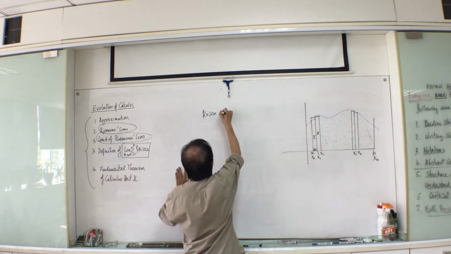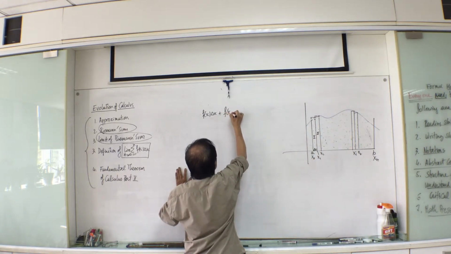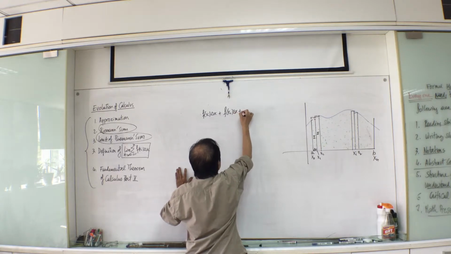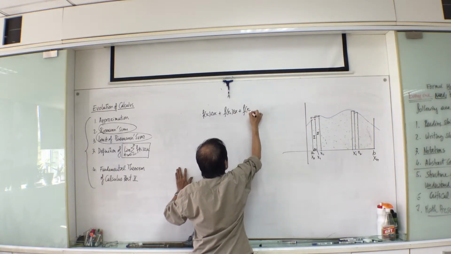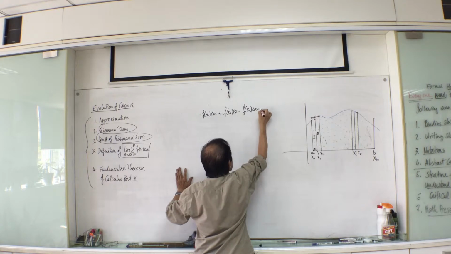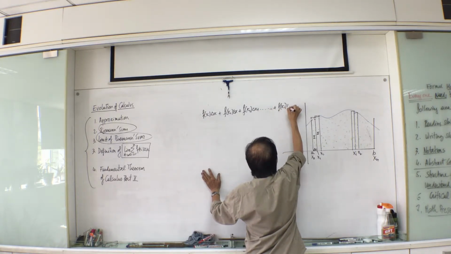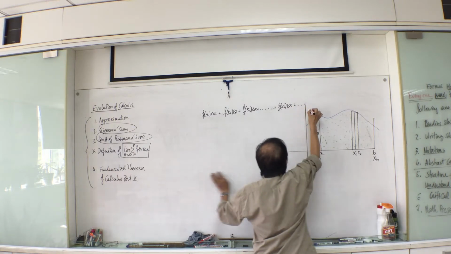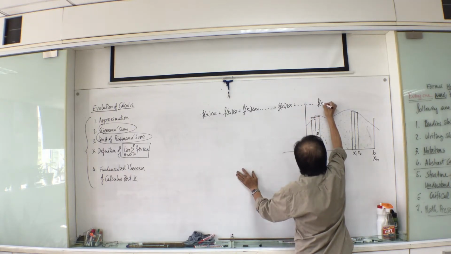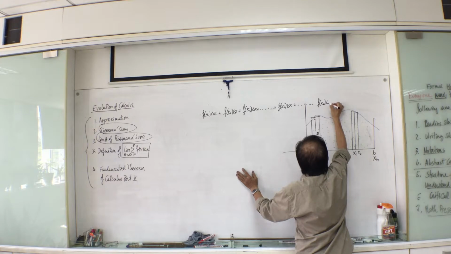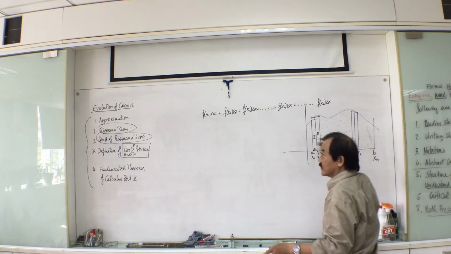The second one, f of h2 times delta h, plus f of h3 times delta h, plus dot dot, plus f of hi times delta h, plus dot dot, f of hn times delta h.